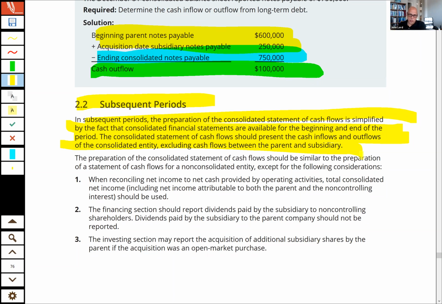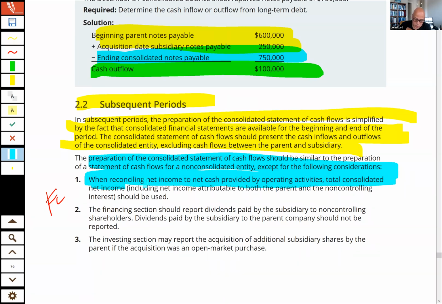And then you're going to prepare the consolidated statement of cash flows just like you would if it was a standalone entity that wasn't consolidating another entity. Okay, but let's think about a few of the considerations that would be a little bit different, or something we need to keep in mind.